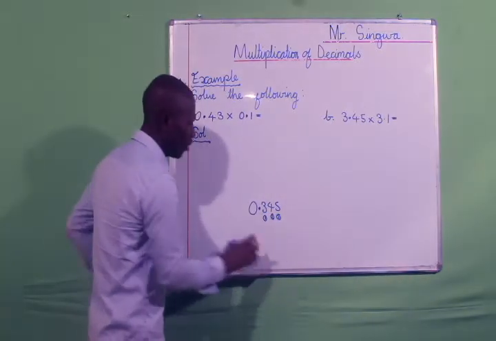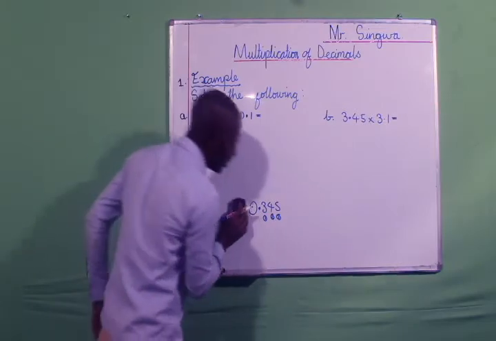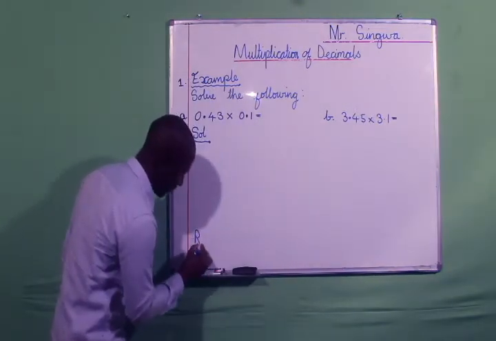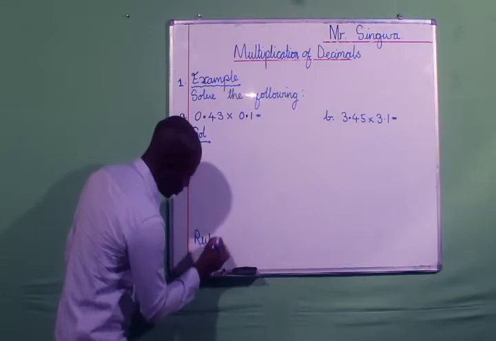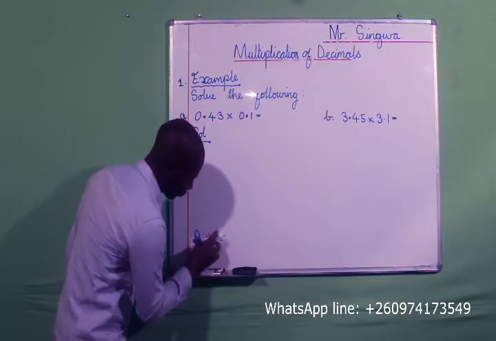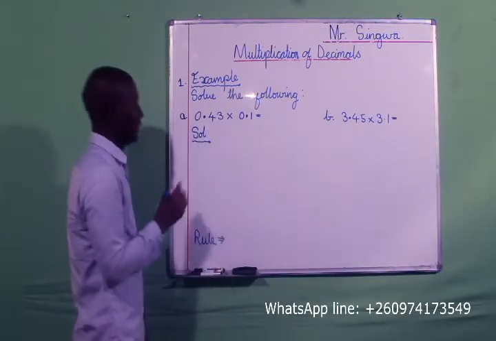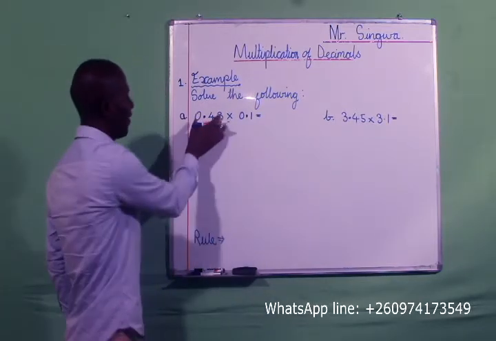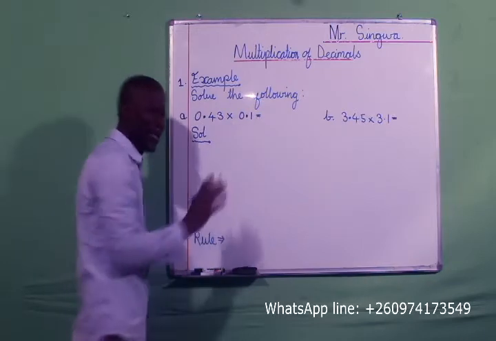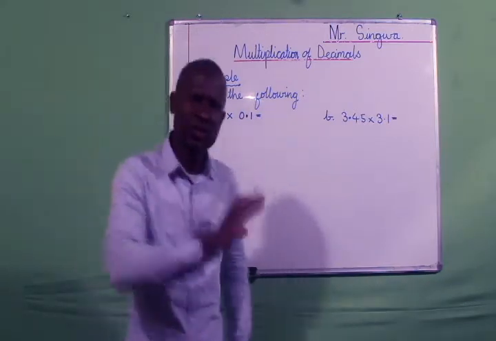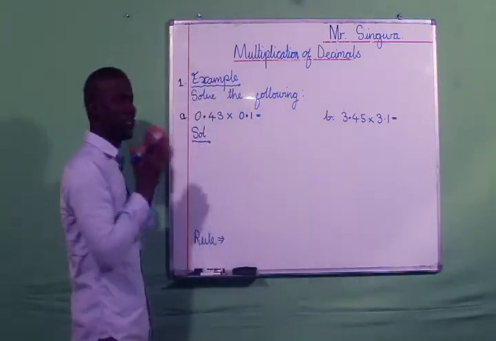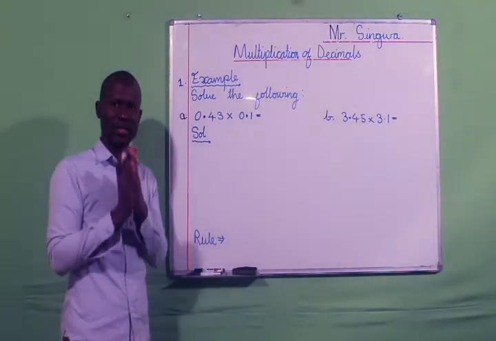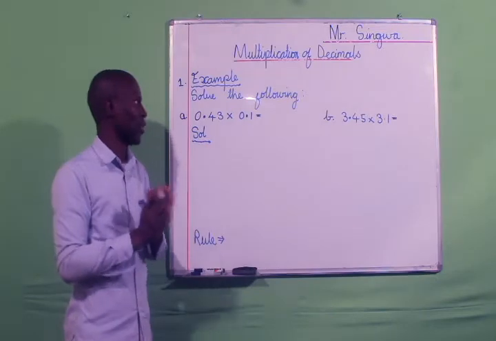This one we are going to consider based on the decimal places. So rule number 1, or rule to follow now, please pay attention. When you have a figure like this one, forget about the decimals and the zeros. Multiply just the normal way of multiplying. This is going to help you.